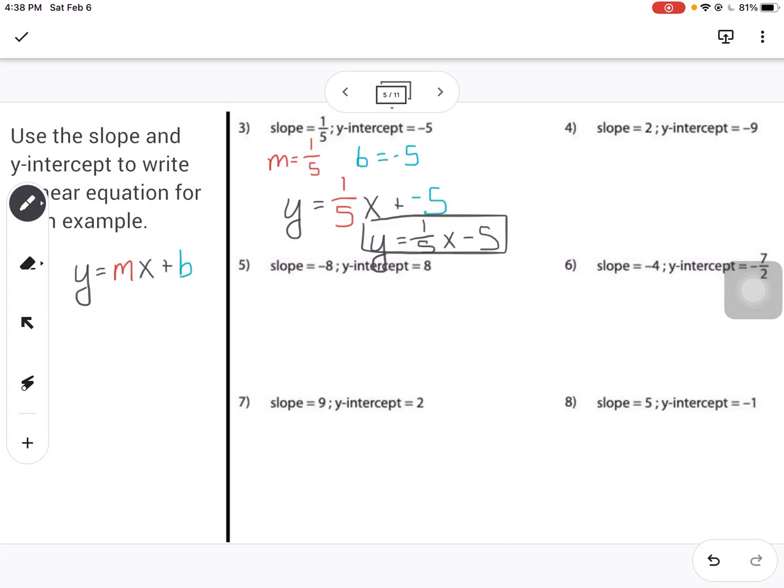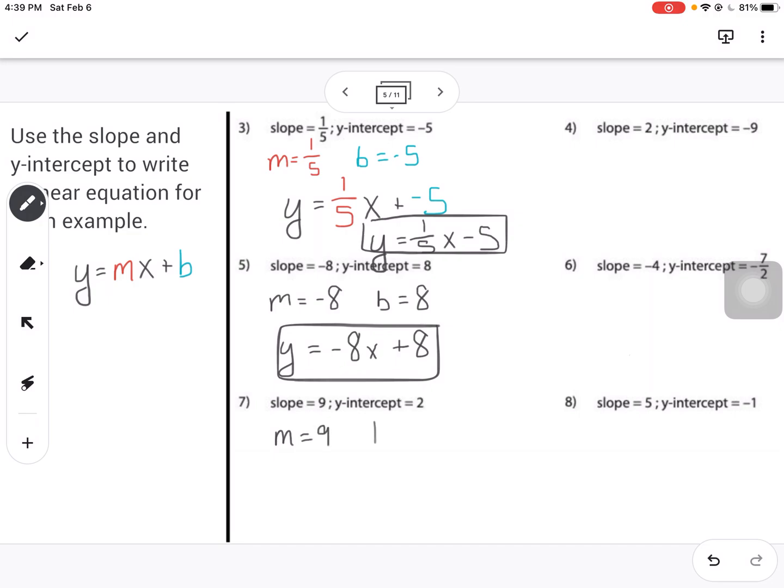Okay, I'm going to go a little quicker through these examples. The first one, m equals -8, b equals 8. So our equation is y equals -8x plus 8. Then we have m equals 9, b equals 2.